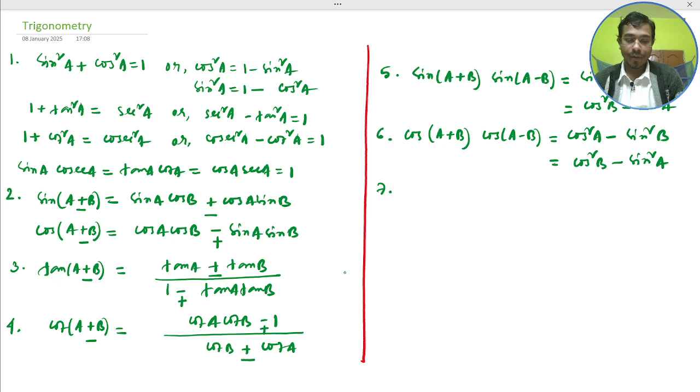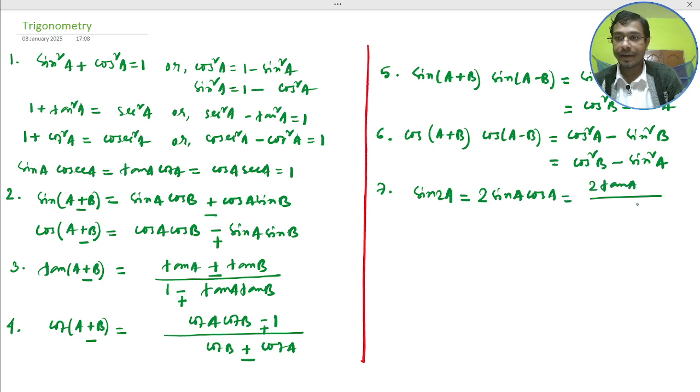Next, sin 2a is equal to twice sin a cos a, which is equal to 2 tan a divided by 1 plus tan square a.